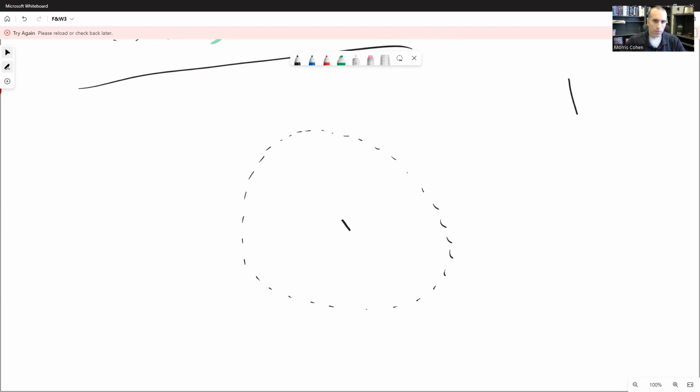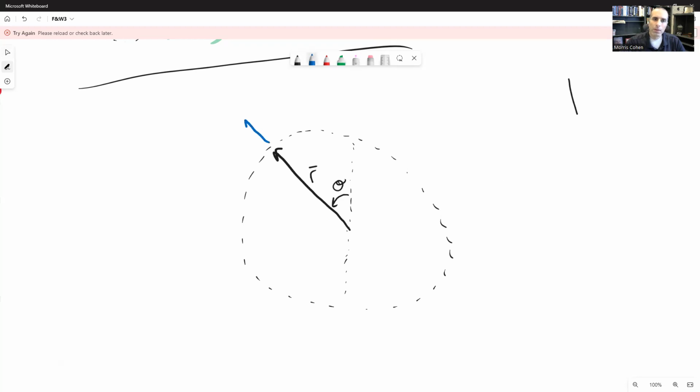All right, so here is our vector r in the spherical coordinate system, and here is the line that goes to the North Pole and the South Pole. So this angle here, downwards from the North Pole, is what we call theta, and this vector right here is r hat.